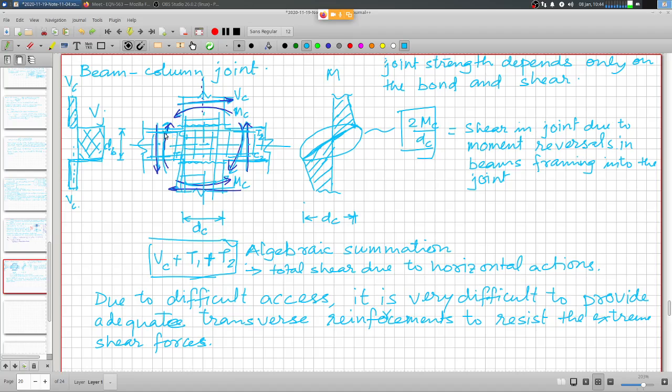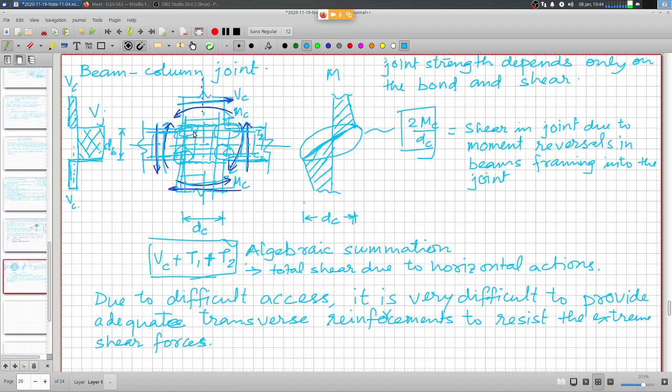On the one hand, at one end, this particular thing is under compression. At this end, this is under tension. So this is under tension and this is under compression. And similarly here, it is under tension, it is under compression. So this entire thing is very, very demanding on the bond strength. And if the beam yield extends into this joint, then obviously there is going to be a failure of the bond.